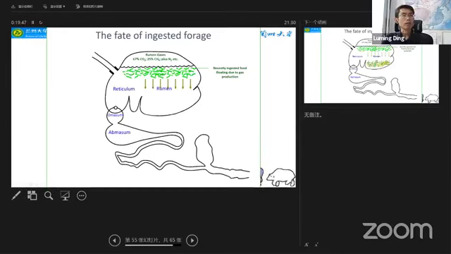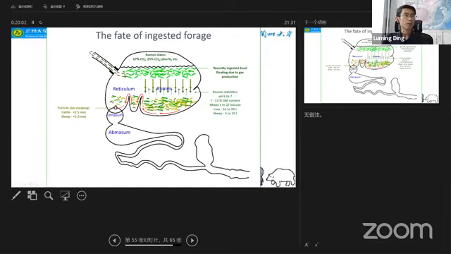After some time, the forage will deposit to the bottom, and by ruminating, it is masticated to smaller size and moves to the reticulum. When the size is small enough, it can escape the reticulum to the omasum and the abomasum.